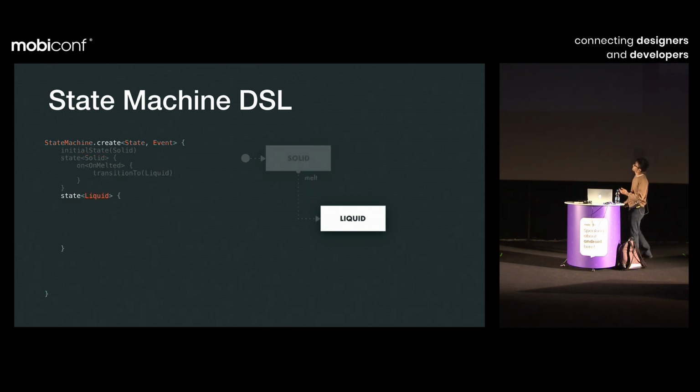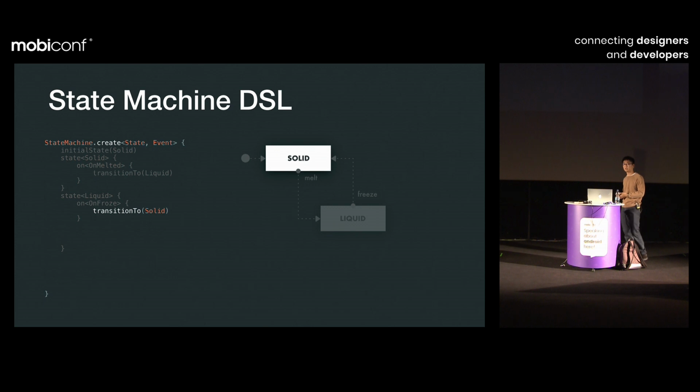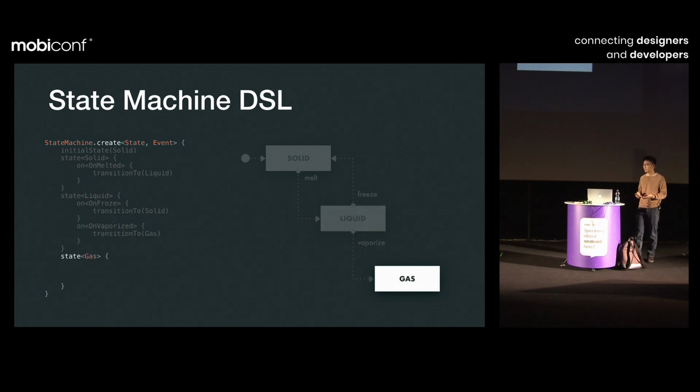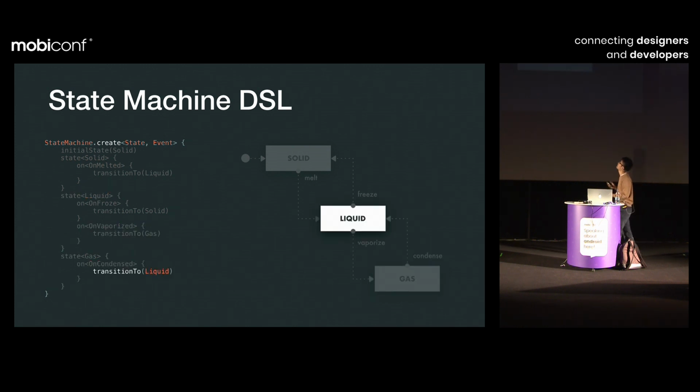When we are in liquid state and the OnFroze event happens, we want to transition to solid state. Similarly, we have another transition here and our final one here.